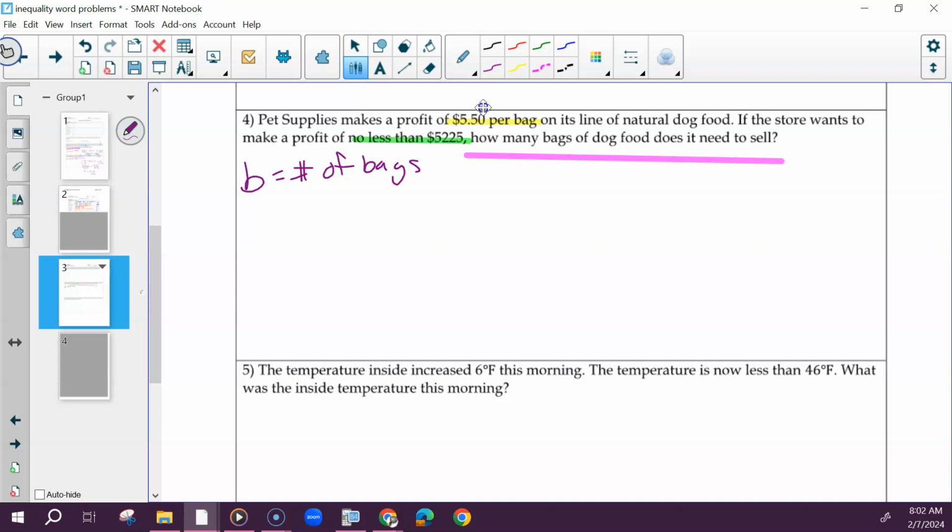That is greater than or equal to. It's always opposite of what it says. And then $5.50 per bag. How would we write that? Just $5.50 each. Yep.